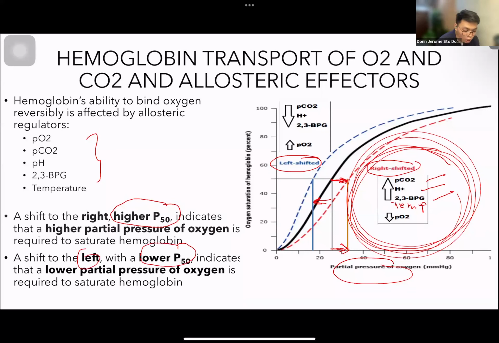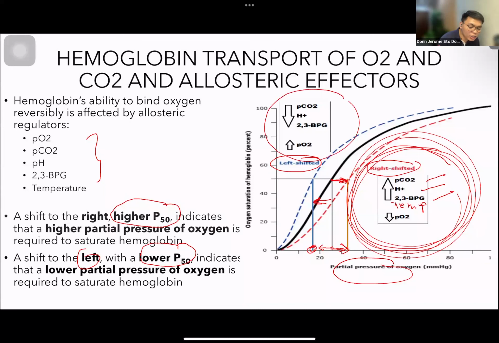So you have a lower partial pressure needed to saturate 50% of your hemoglobin. So with just a little oxygen, the hemoglobin will take it. So what does that tell you? Is it a high oxygen affinity form or the low oxygen affinity form? High oxygen affinity form.